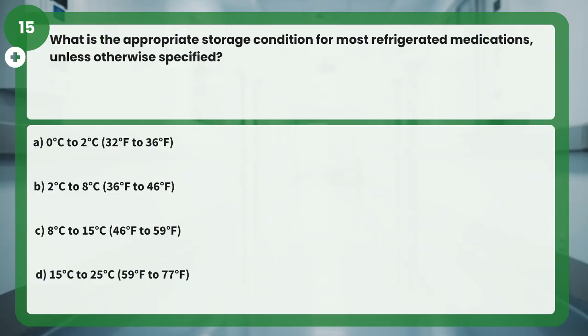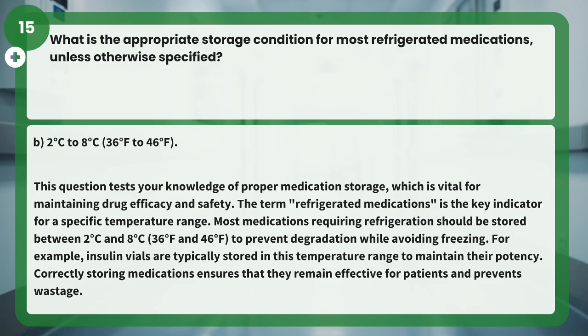C. 8 degrees Celsius to 15 degrees Celsius, 46 degrees F to 59 degrees Fahrenheit. D. 15 degrees Celsius to 25 degrees Celsius, 59 degrees F to 77 degrees Fahrenheit. Answer B. 2 degrees Celsius to 8 degrees Celsius, 36 degrees F to 46 degrees Fahrenheit.